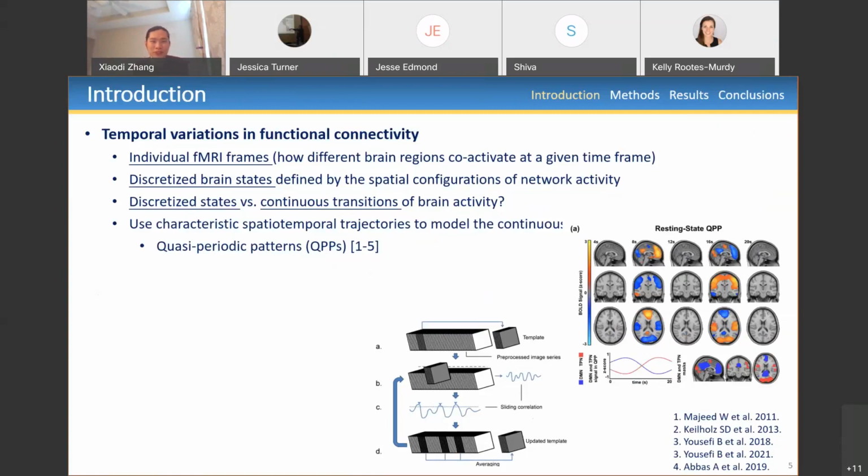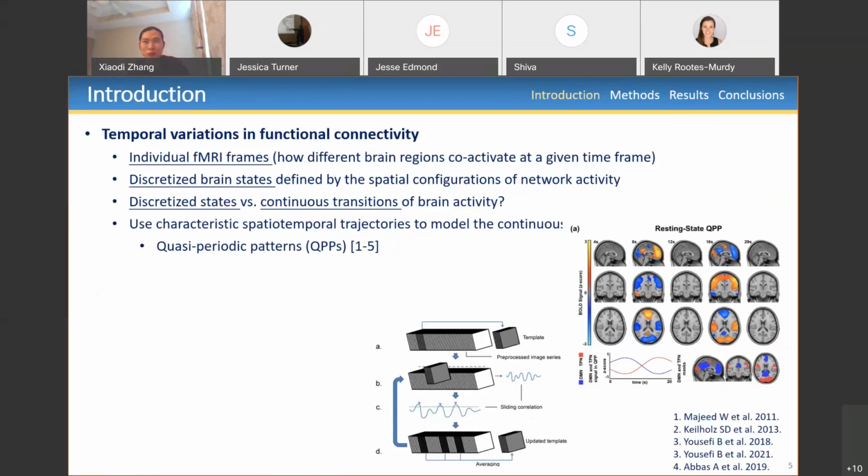You can actually obtain multiple QPPs. For example, in the recent work that Bana did in her NeuroImage paper, we can perform regression once we obtain the first QPP, so that we can apply the same algorithm again to obtain the subsequent QPPs, like secondary QPPs. But using that approach, the number of QPPs you can obtain could be limited to a few, like 4 or 5.